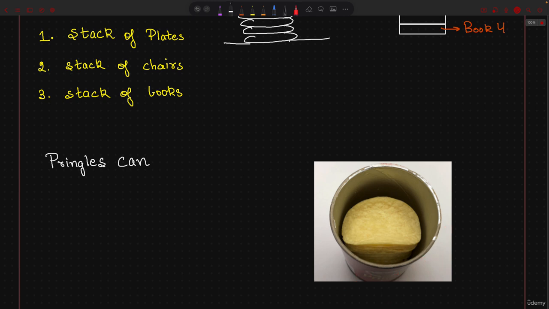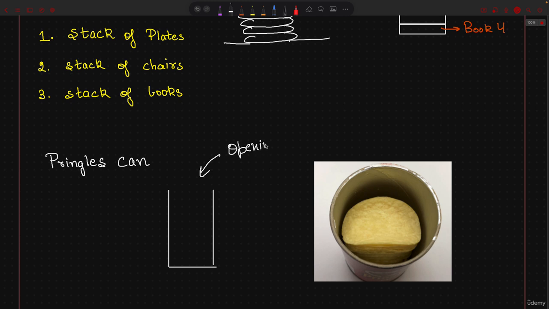In many places, you will see stack being drawn like this, something like this. Again, this is as close to a Pringle box, I would say, as it will get. Let me do it nicely. Great. So this is how we will see stack getting drawn. There is just one opening.